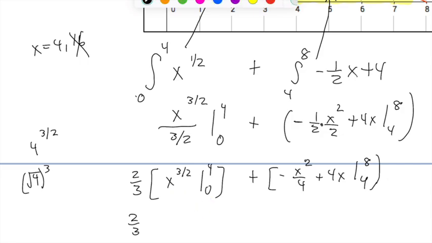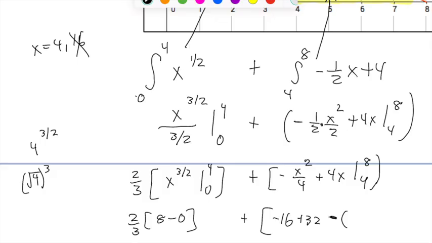So this is 2/3 times 8 minus 0 as the first part. Plus, if I plug in 8, I get 64. 8 squared is 64, divided by 4 is 16. This gives me negative 16, and this is going to be plus 32.